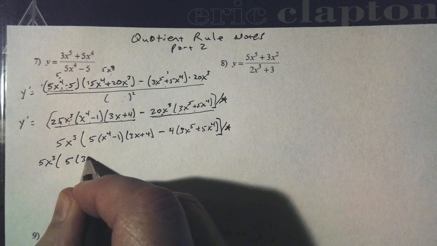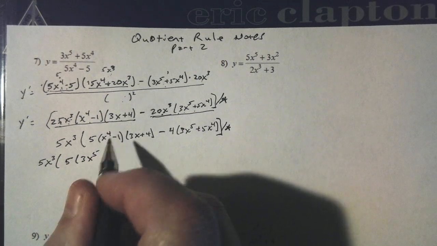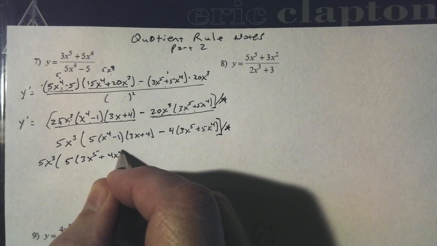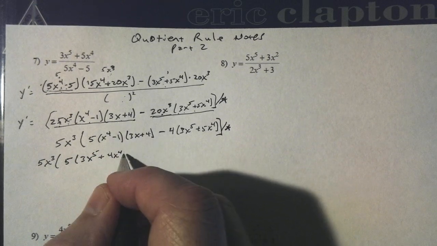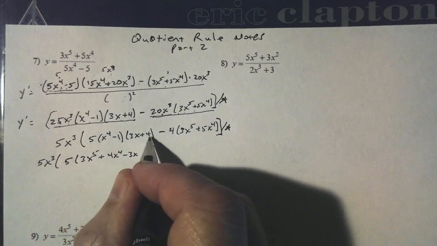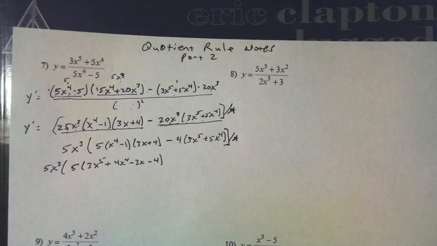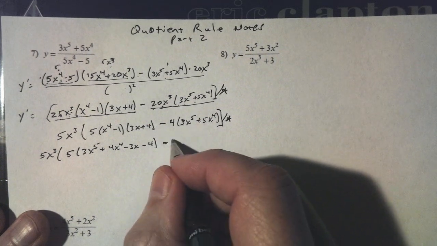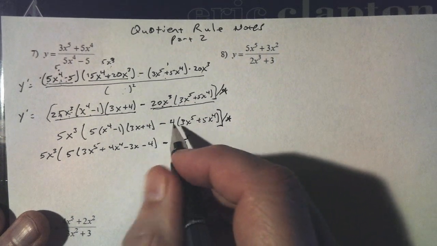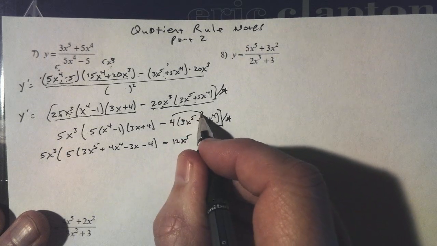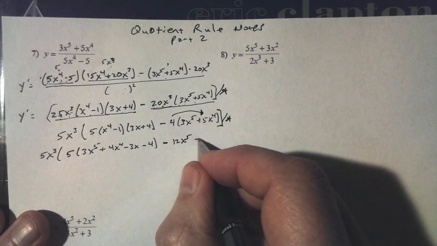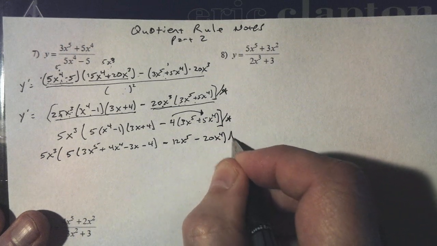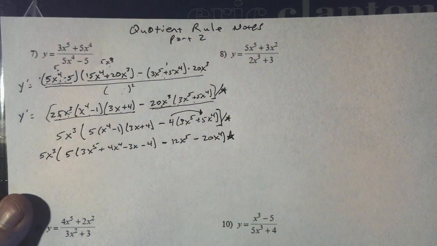I get 3x to the fifth plus 4x to the fourth minus 3x minus 4 minus 12x to the fifth. Careful, most likely an algebra mistake pops up right here. Minus 20x to the fourth. All on star.